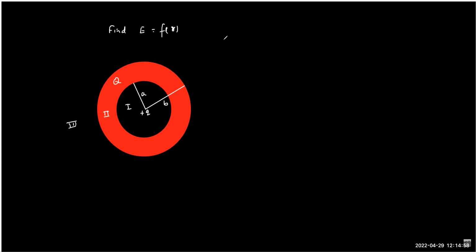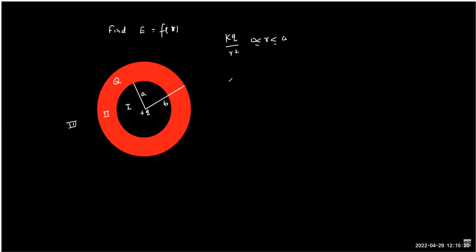For the first region, I'm getting it as k small q by r square. Excellent. That's correct. Sir, for the second one, R from 0 to A, right? Yes, sir.